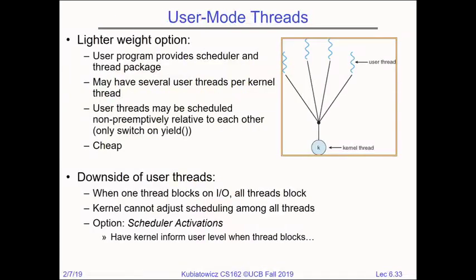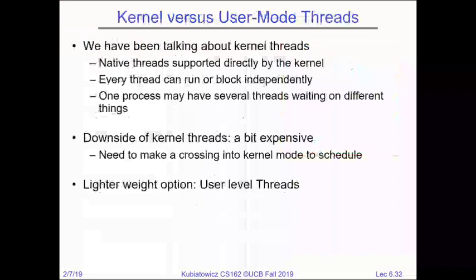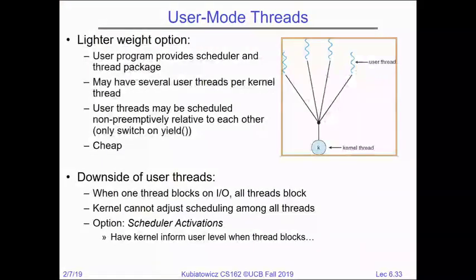Okay? So a lighter weight option is what we call user-level threads. The user program provides a scheduler and a thread package, and you may have several user threads per kernel thread. So here's a kernel thread, the kind we've been talking about, and on top of it is a bunch of user threads, which represent little chunks of code that have a PC and register state, but the scheduler of the kernel has no idea that what's up there is up there.